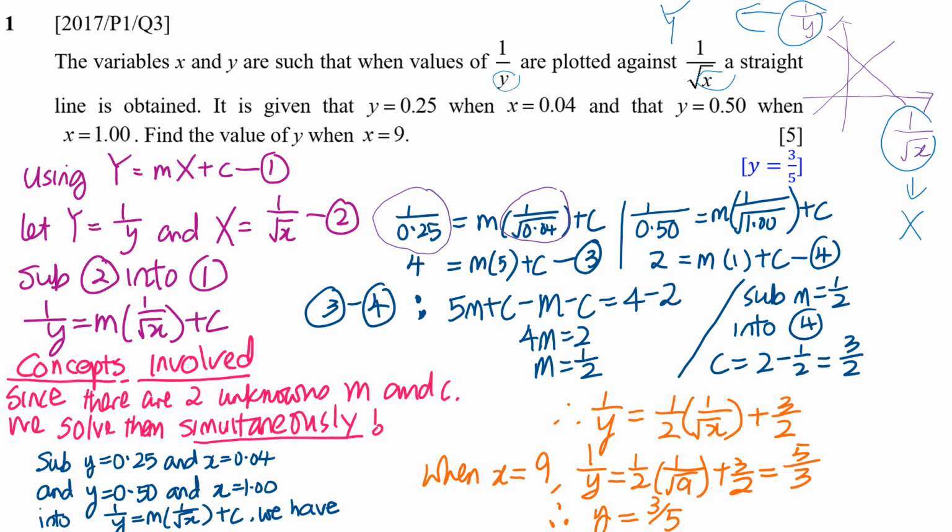Right, so the takeaway from this question is the formation of this straight line equation, understanding that the big Y in your Y equals to mX plus c is 1 over y, and the big X is 1 over square root x. And then, of course, solving them simultaneously.